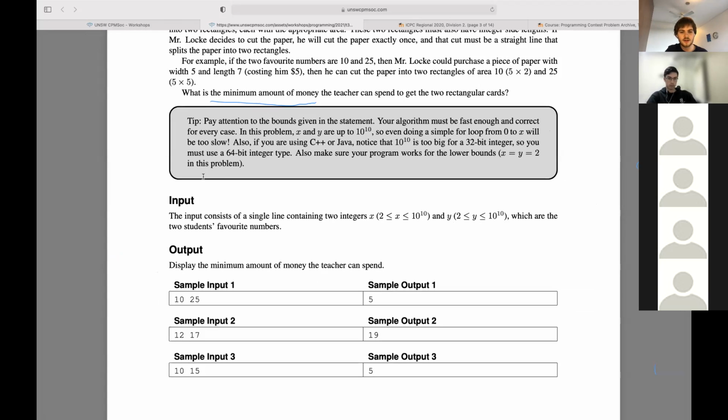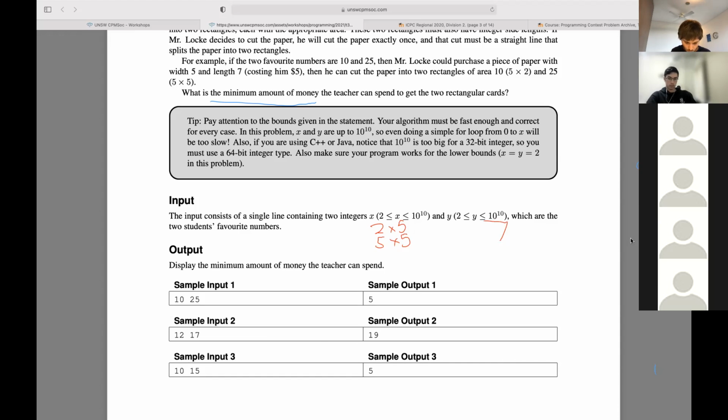Now, it goes over a few options here. So one option is to buy, we can buy a 2x5 piece of paper and also a 5x5 piece of paper. The cost will be 7.